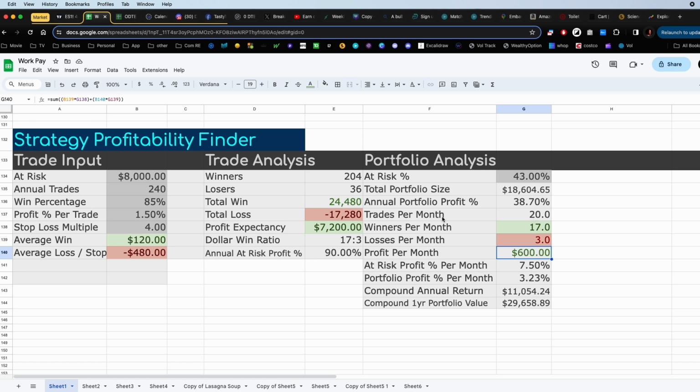So I wanted to show you this, and since this is new, and this is a very realistic look at how my trading has actually gone, because this win percentage is just a little bit more conservative. I'm actually closer to 90%, but this gives me a realistic look at what my profitability is going to be, what I can expect to make at the end of the month or end of the year based on how I'm trading, instead of expecting these fantastic numbers like doubling and tripling my money in a couple of days and being able to live off of that.